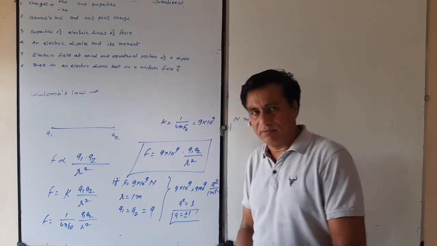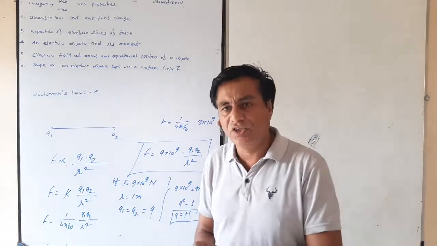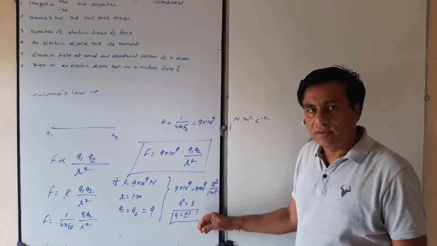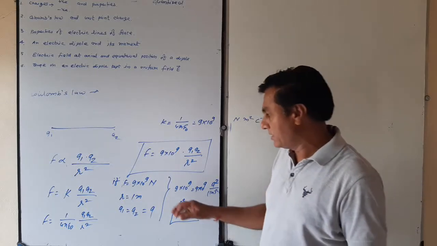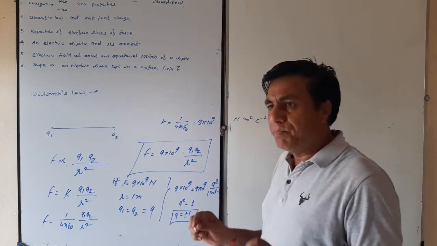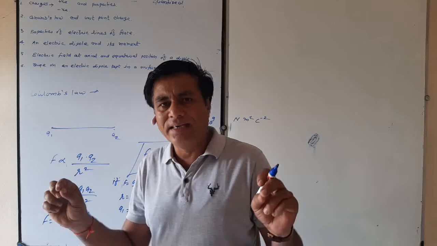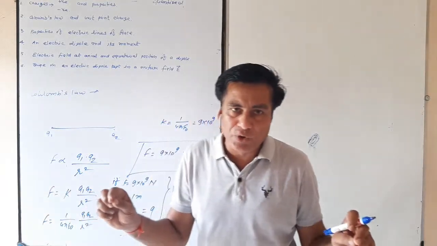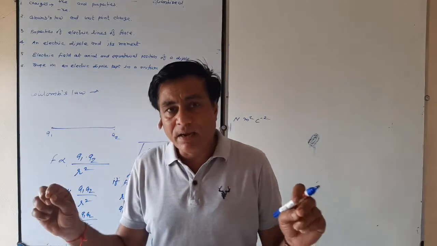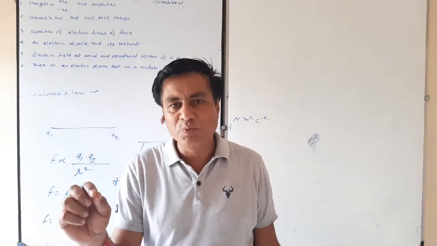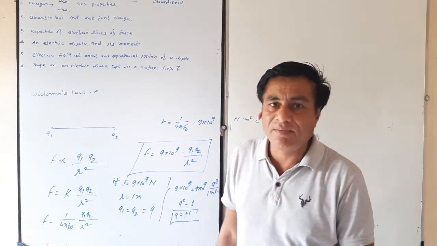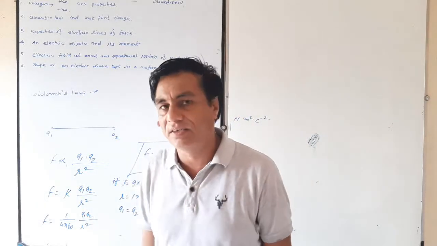Now you can define unit point charge. In the definition, you have to consider these three conditions. If two same point charges are kept in air or vacuum separated by 1 meter, and they repel with a force of 9 cross 10 to the power 9 Newton, then each of them can be said to be a unit point charge.